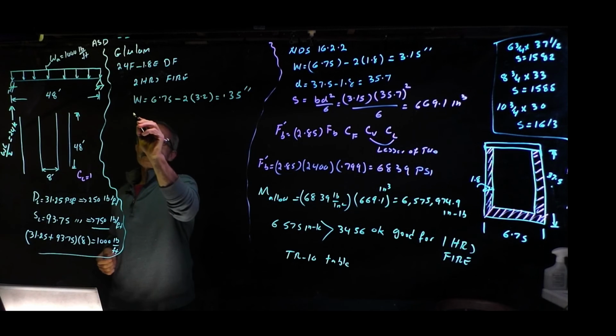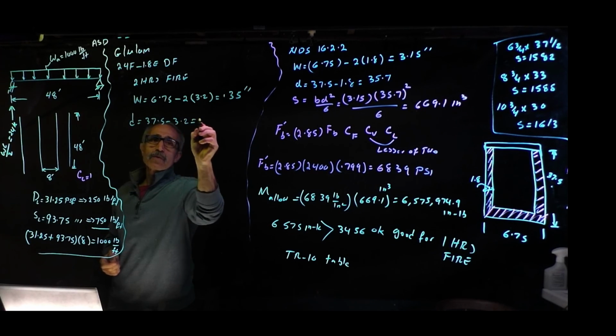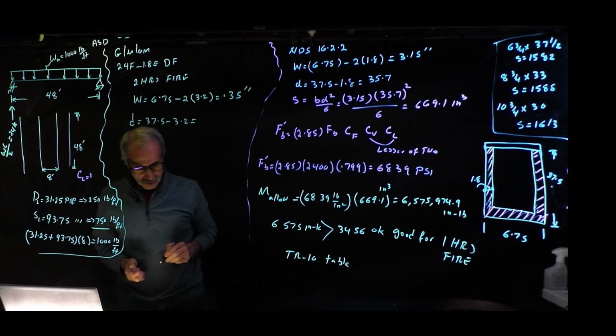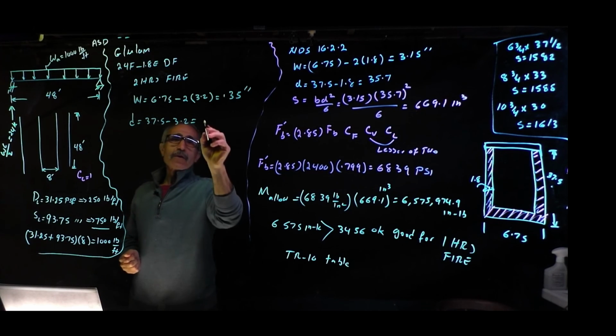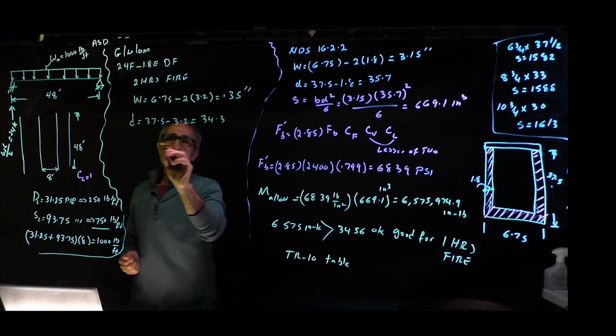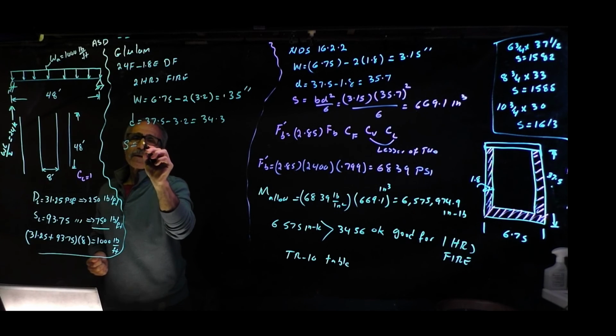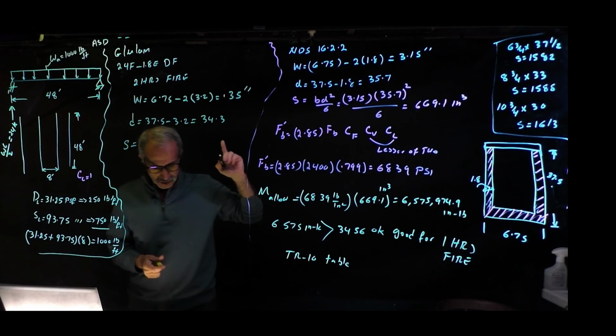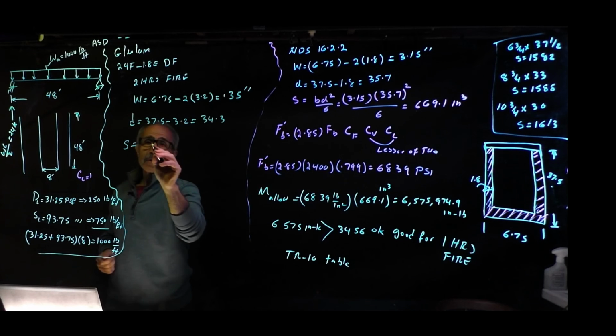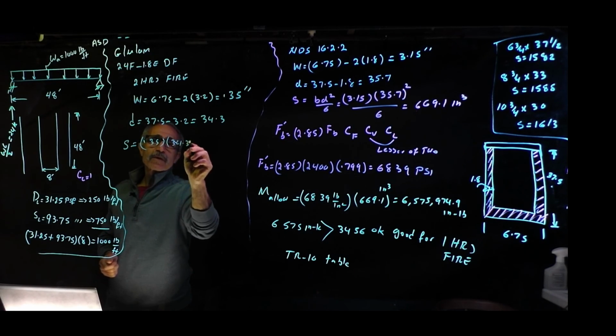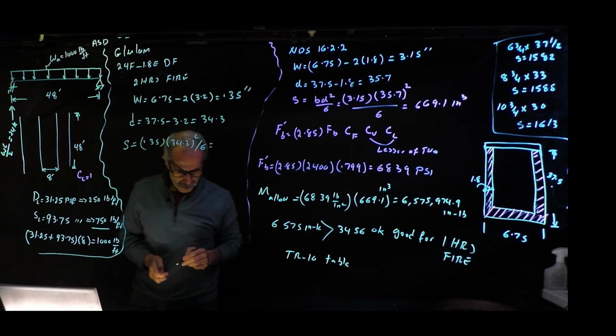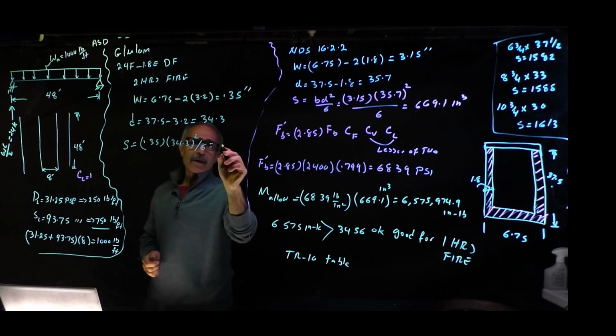And your D is going to be 37.5 minus 3.2, and that will give you 34.3. Your section modulus is equal to BD squared over 6, so 0.35 times 34.3 squared divided by 6, and that comes out to be 68.62.